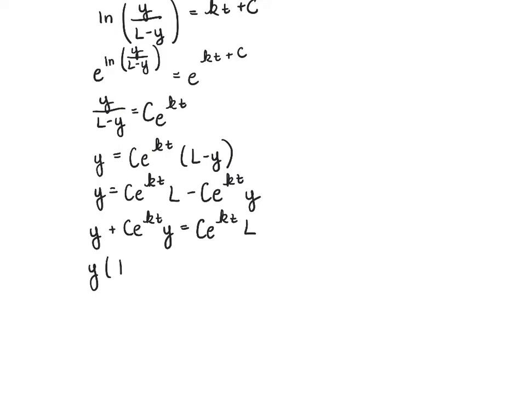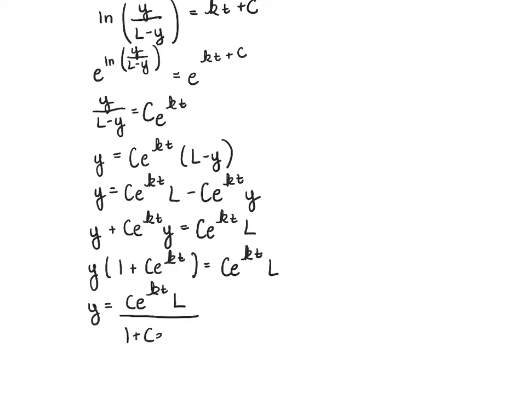So that's going to be y times the quantity 1 plus CE to the KT equals CE to the KT L. And then from there, all we're going to do is divide both sides by the whole 1 plus all that junk to isolate y. So y equals CE to the KT times L over 1 plus CE to the KT.